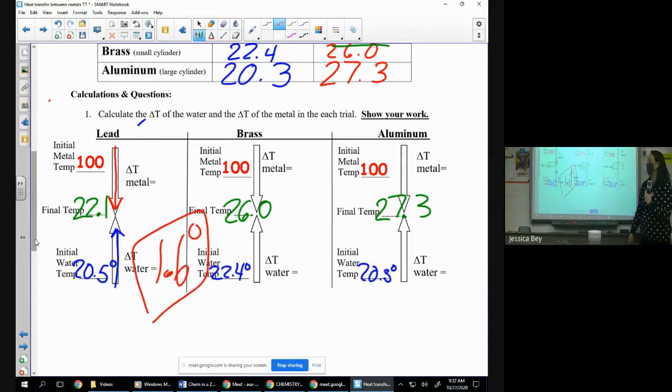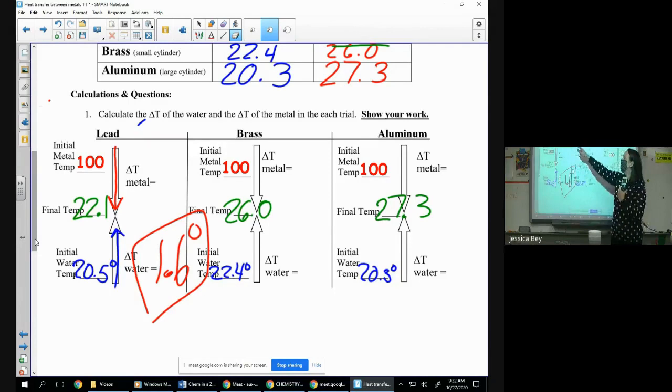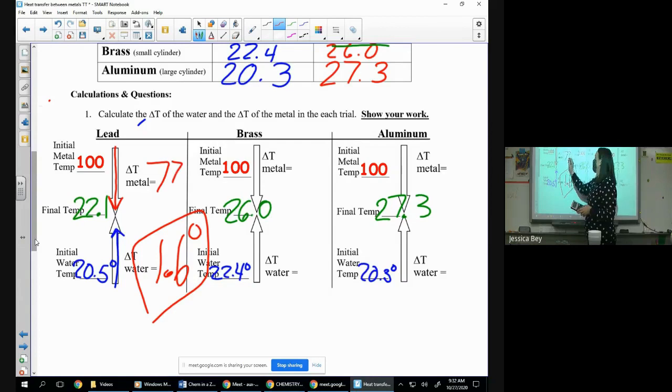Okay. The lead warmed up my water 1.6 degrees. How much did the lead cool down, though? That went from 100 to 22.1. Perfect. 77.9 degrees. So did they meet in the middle? Absolutely not. One only warmed about 1.5 degrees, and one cooled down a whole bunch.